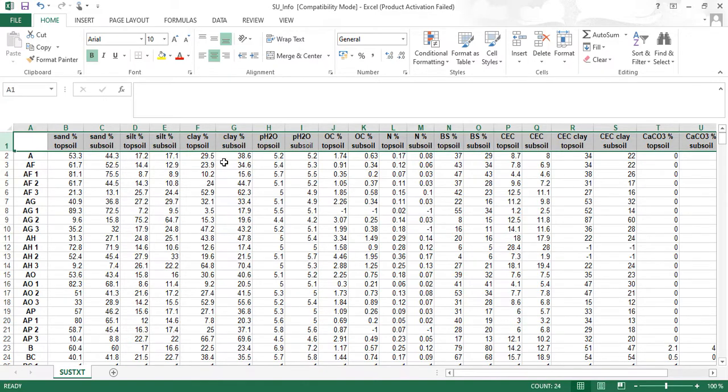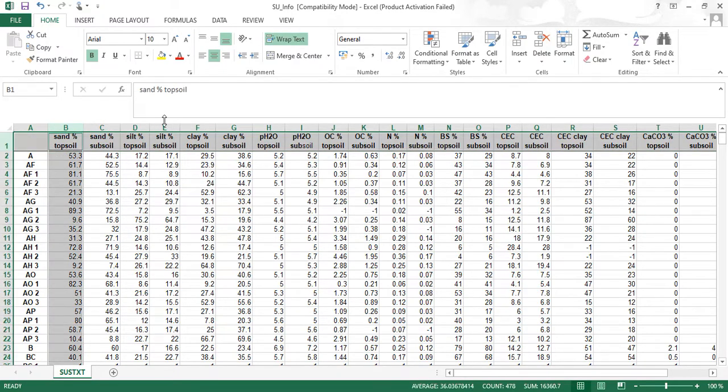Now, for this Williams equation, all I need is the sand, clay, silt, and organic carbon of the topsoil and not the subsoil. So here are the columns that will be required.